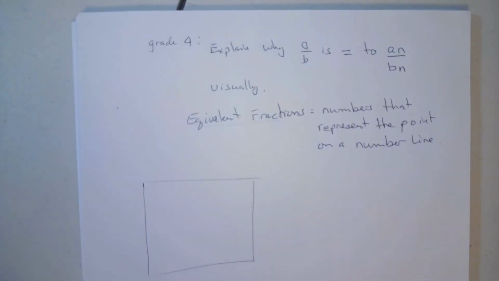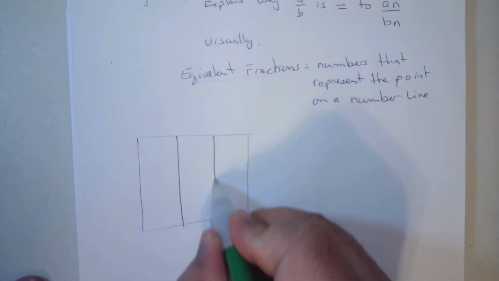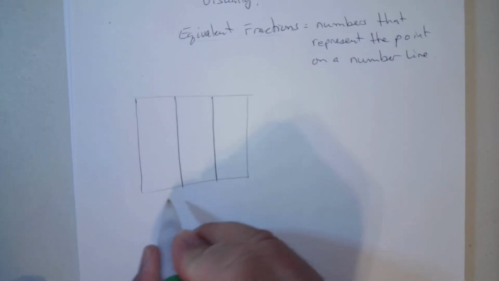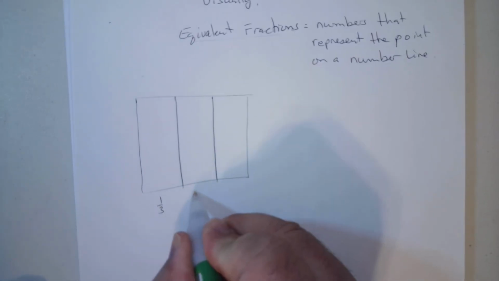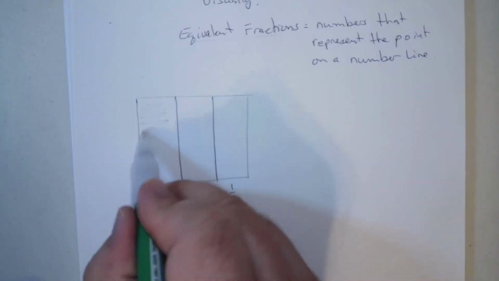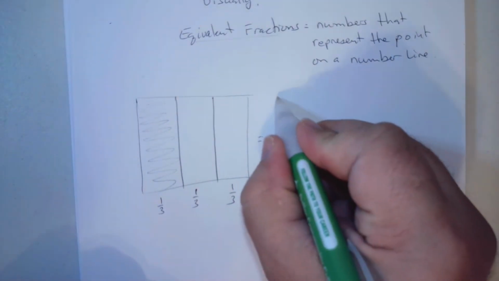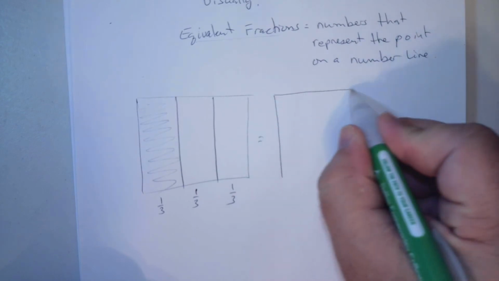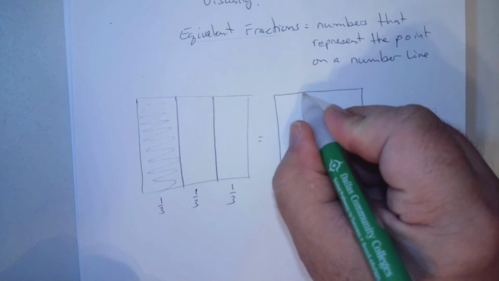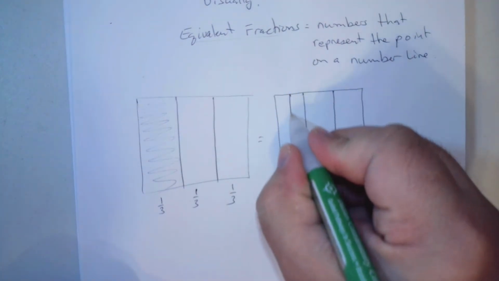We have a diagram. If we cut it into thirds, each one of these is equal to 1/3. That's this much. Well, what if we cut now, we have our 3 pieces, cut each of those in half.